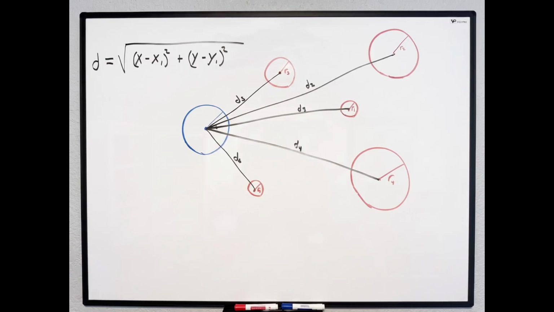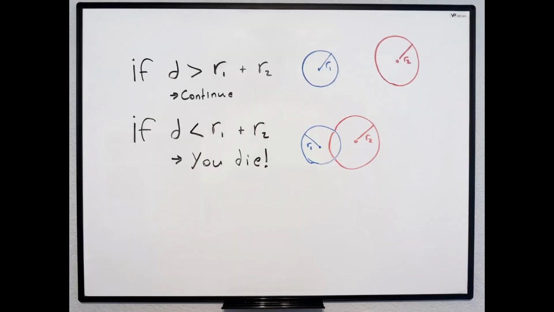So what we do is we take the center xy coordinates of our agent and we calculate the Euclidean distance to the center xy coordinate of all of our obstacles. And then we compare that distance to the sum of the two radii. So if the distance is greater than the sum of the two radii, then we don't have a collision, we continue. If the distance is less than the sum of the two radii, you die, game's over.